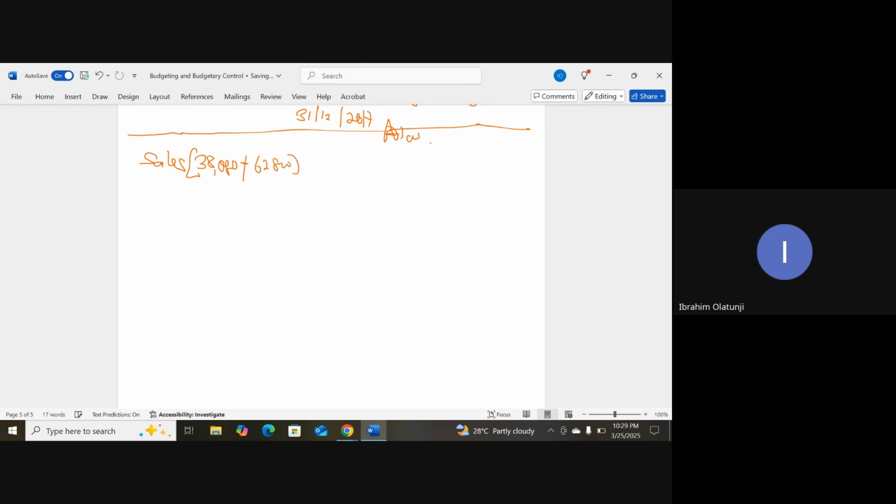Then you total it and put it here. So that's what the examiner is trying to tell us. 100,880,000. 100 million, 880,000.